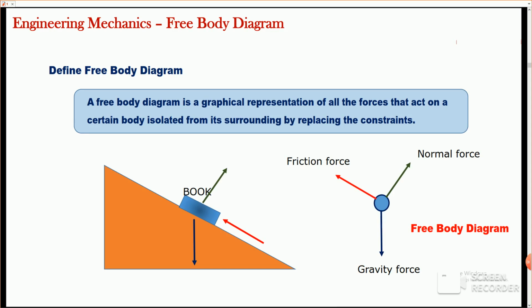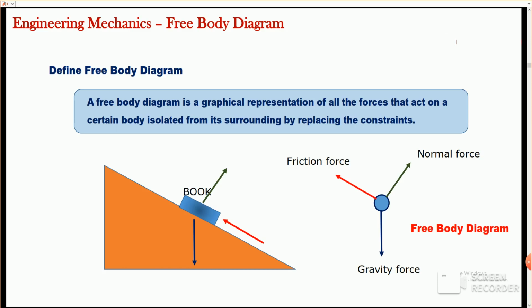Let us understand the concept of a free body diagram using these examples. When we isolate the boat from the surface, we replace the contact with the forces acting on the boat. The first force is the weight, which acts vertically downward due to gravity. The second force is the normal reaction, which acts perpendicular to the inclined surface.